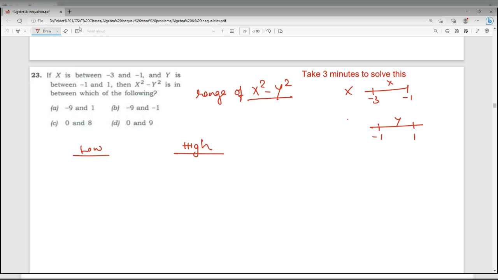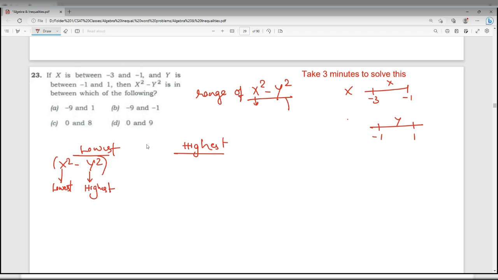So to calculate the lowest value of x square minus y square, we have to minimize x square and maximize y square. To make the expression the lowest, the term with the minus sign has to be the highest, and x square has to be the lowest.